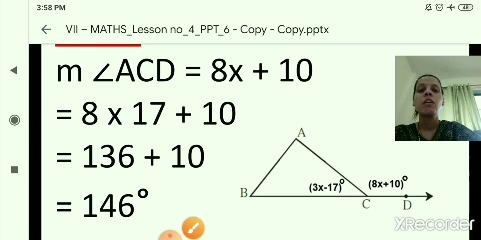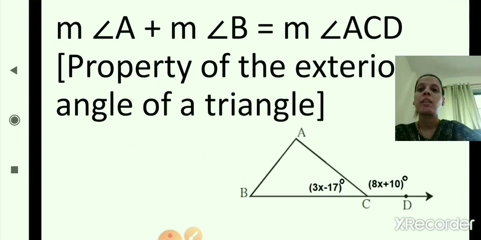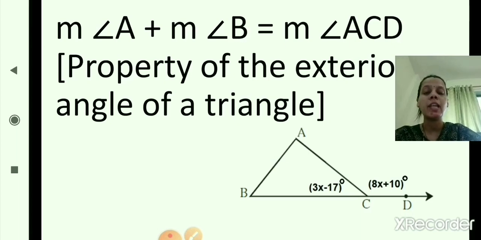Now we have to find the measure of angle A and measure of angle B. In the next step you will write: measure of angle A plus measure of angle B is equal to measure of angle ACD, right? Why? Because of the property of the exterior angle of a triangle.